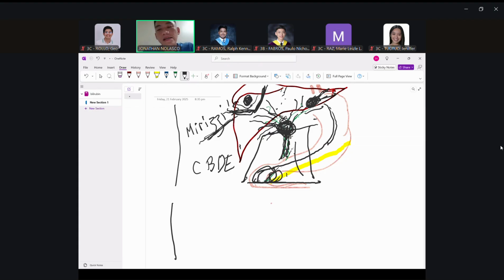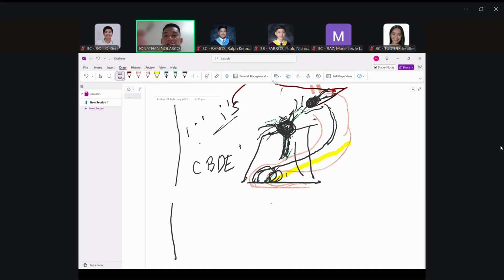Let's say the tumor is more on the left, because it won't work on the right. So we have to do more than half. There. That's what we call an extended left hepatectomy, or extended right hepatectomy, meaning taking this whole three-quarters of the liver.